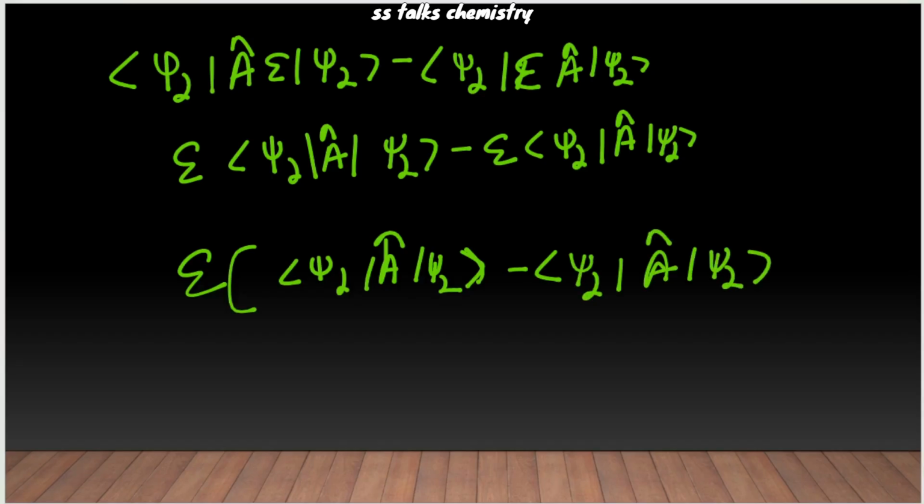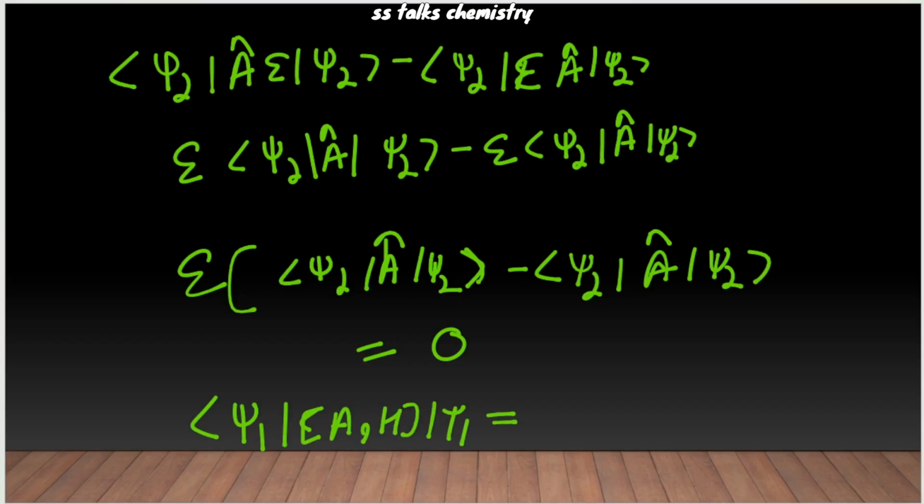So this is what we are getting, and again this is coming out to be 0 only. So that means the average value of this commutator AH on psi1 is equal to the one applied upon psi2, the commutator of this operator AH on psi2.